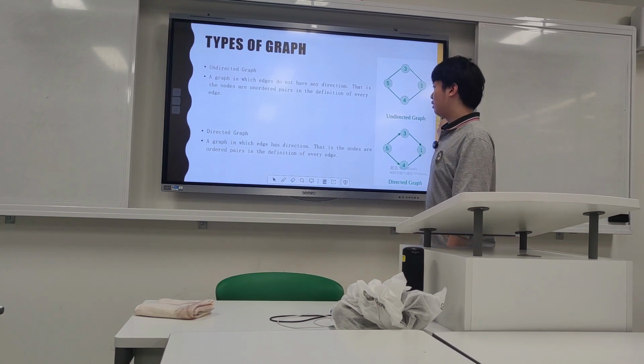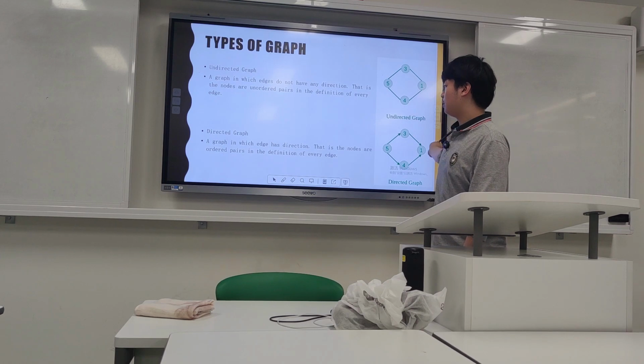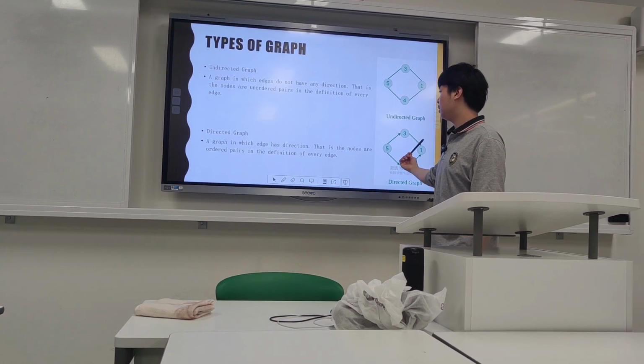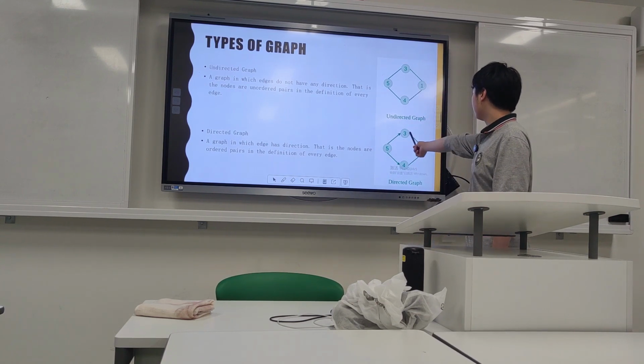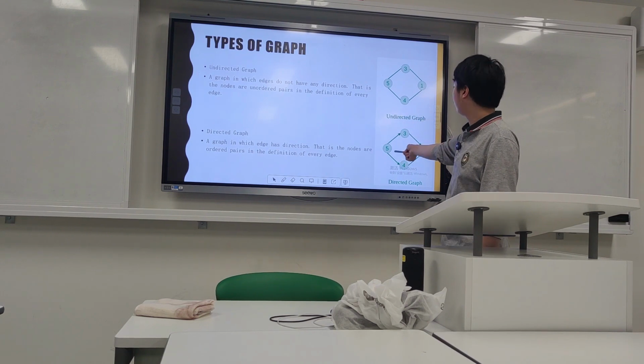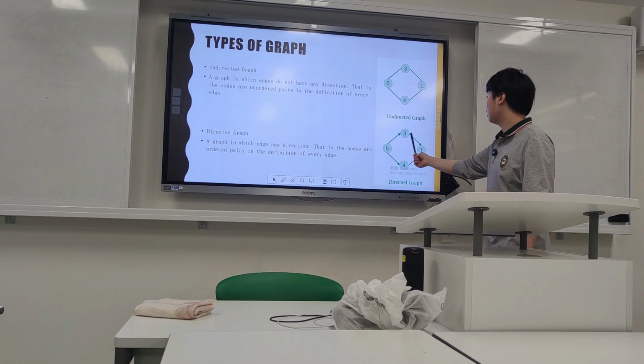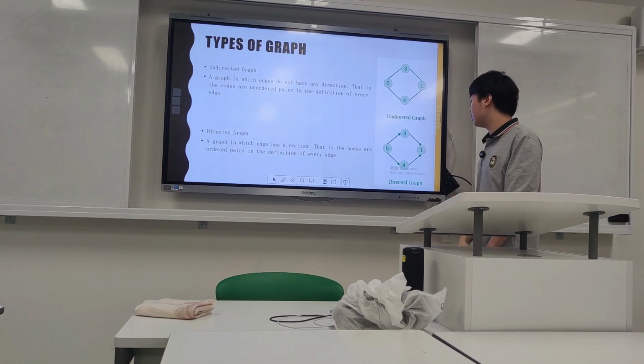This is a directed graph, a graph in which each edge has direction. That is, the nodes are ordered pairs in the definition of every edge. So for example, you can go from 5 to 3. However, you cannot go from 3 to 5 because the line that links these two nodes goes in a specific direction.